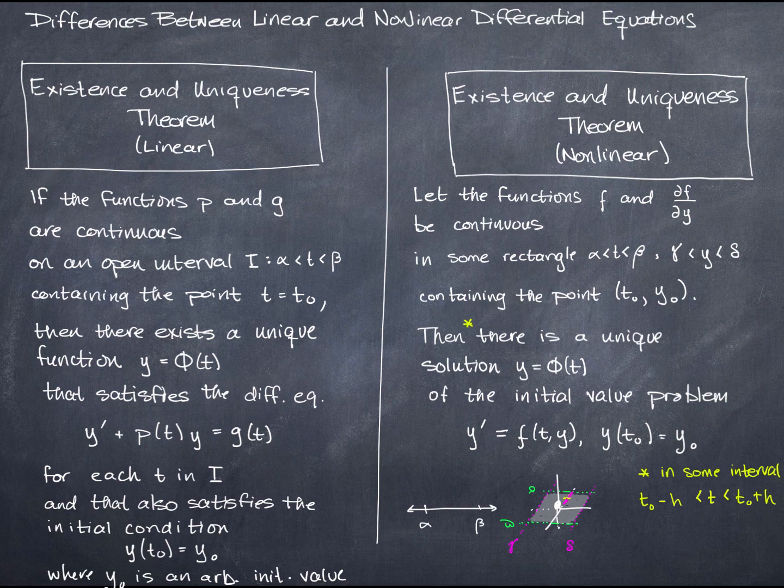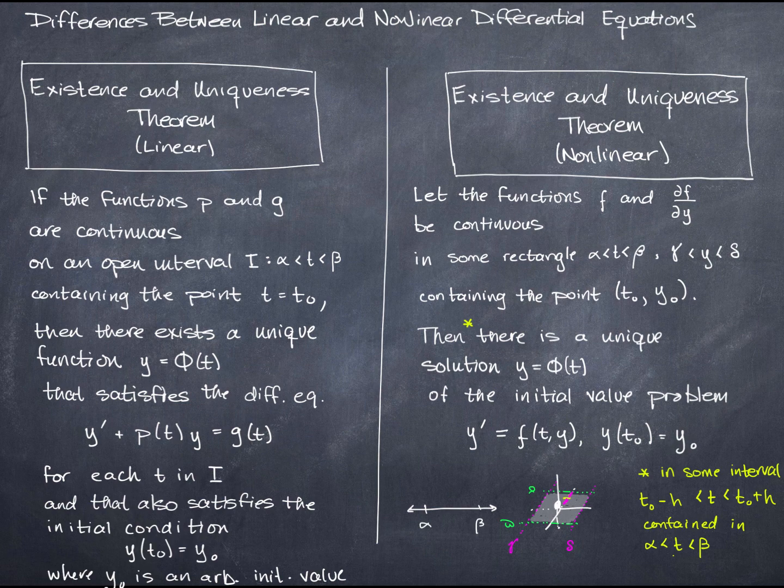But that interval t naught minus h to t naught plus h is contained in the interval alpha to beta.